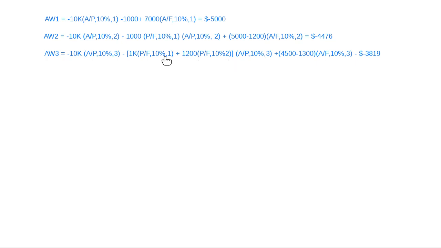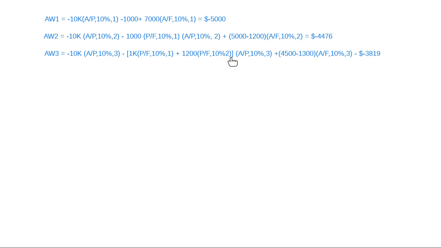Since both of them are going to be converted to present, which is year 0, both of those two values, the operating cost for year 1 and operating cost for year 2, will be on year 0 after this formulation. And that's why we have a bracket for both of them. If they are in year 0, they can be added to each other because they are at the same year after they are converted.